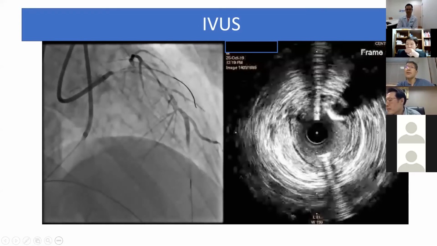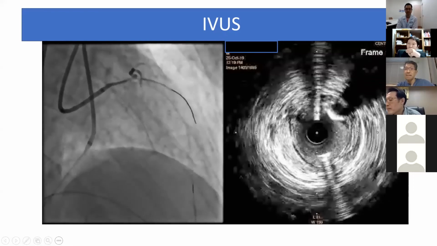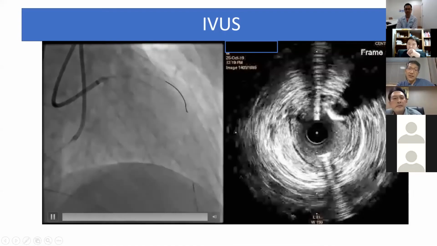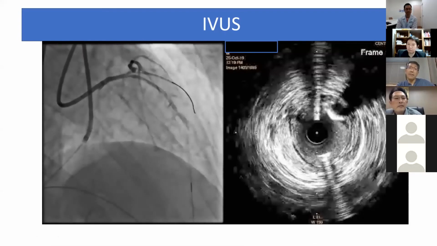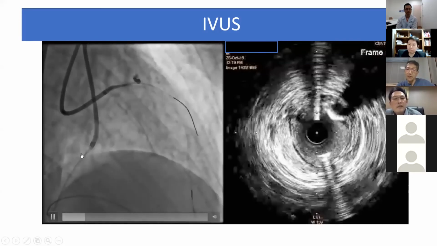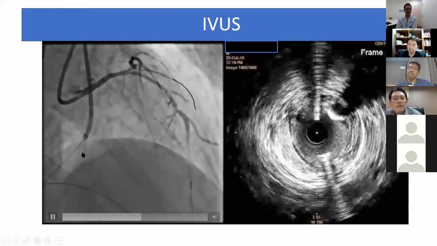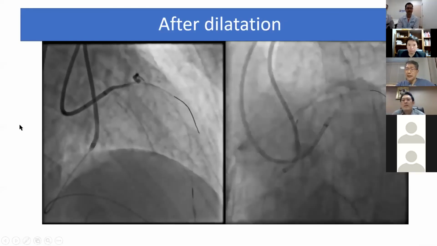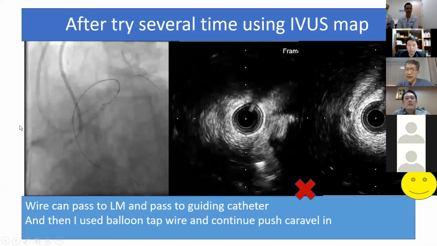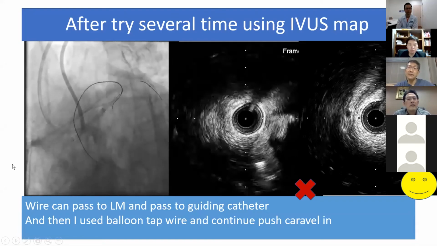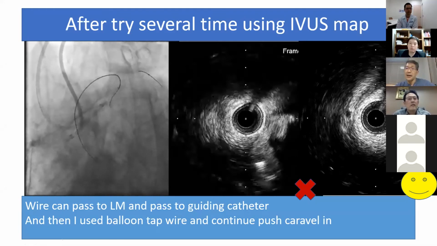We may choose the correct direction from the antegrade. And moreover, once the retrograde wire comes very close to just proximal of the LAD, in many cases the plaque characteristic or anatomical characteristic is a little bit modified by the retrograde wire.